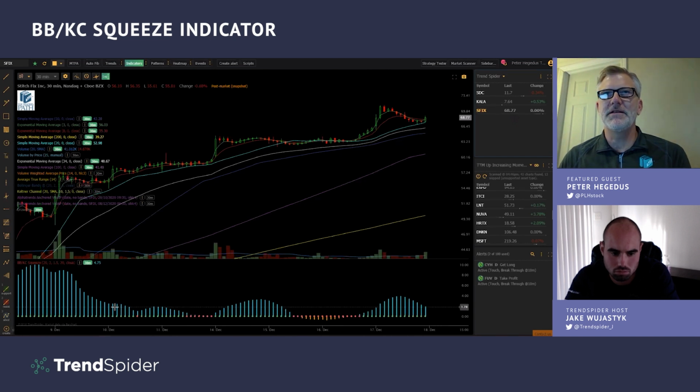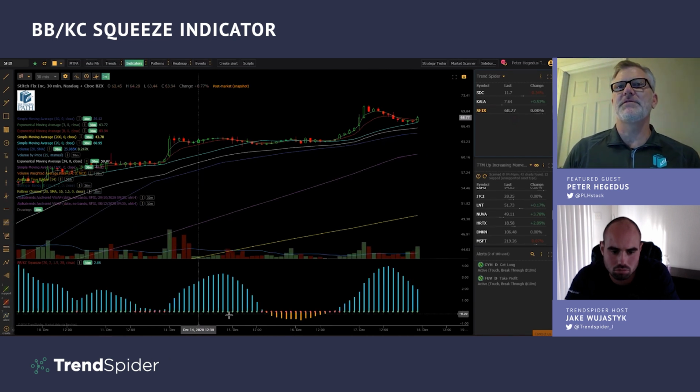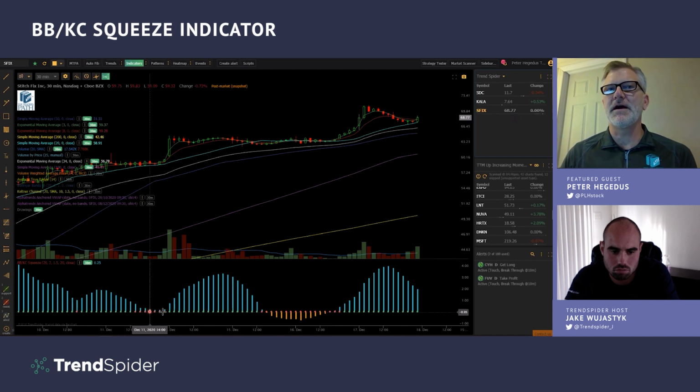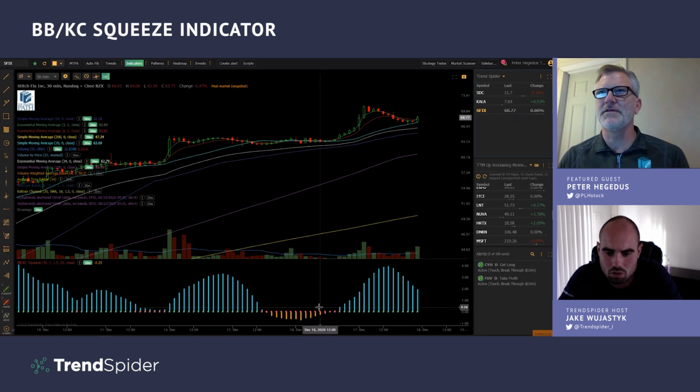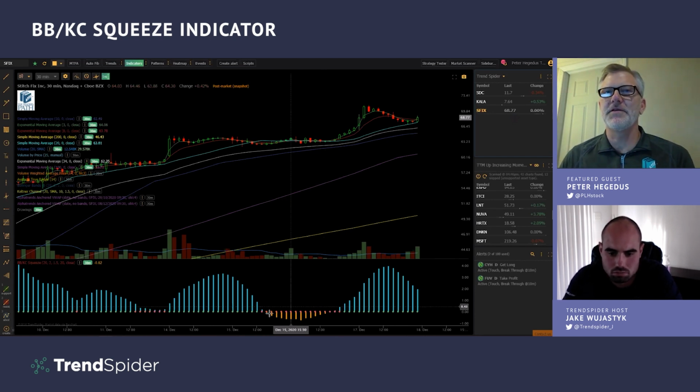And what I'm actually looking for when I'm looking for charts in a TTM squeeze is I'm looking for these series of red dots. And that is telling me that that particular chart, and this can be used on all time frames, in this case, I have a 30-minute chart of Stitch Fix, that's telling me that this particular chart is in a TTM squeeze.